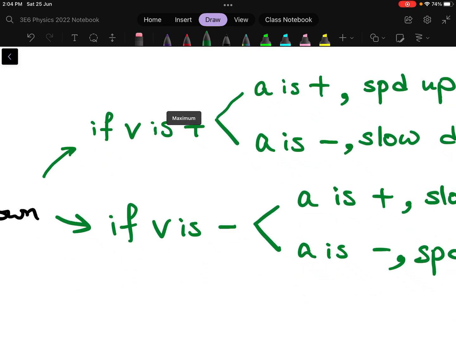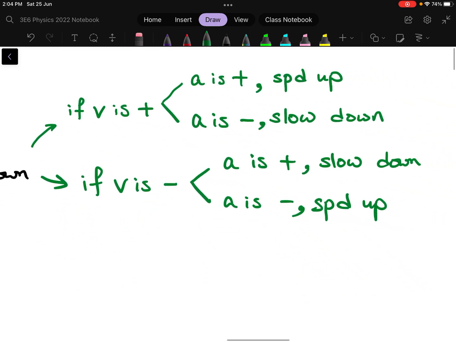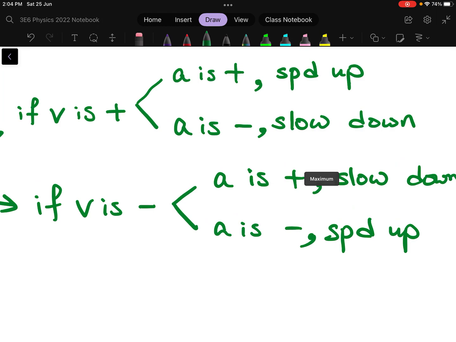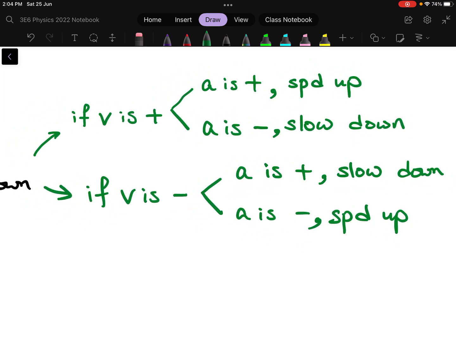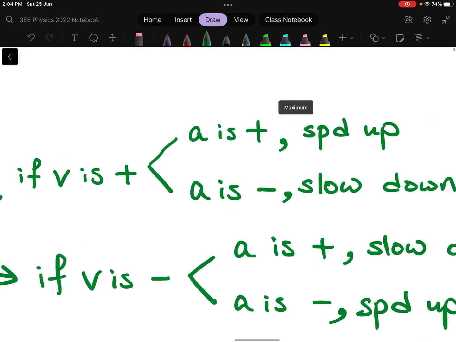But there are some cases whereby the context is set to test whether you have this awareness. They may adopt a sign convention whereby the object is moving in the negative direction, meaning that the velocity is negative. Then in this case, a positive acceleration is slowing down and a negative acceleration is speeding up. But most of the time, velocity is actually positive.